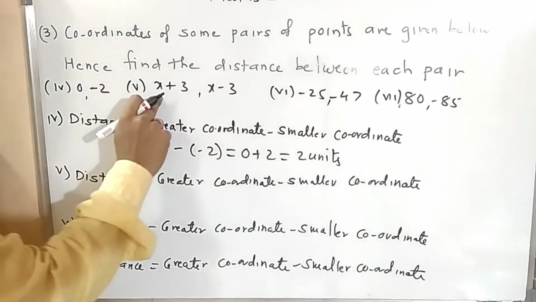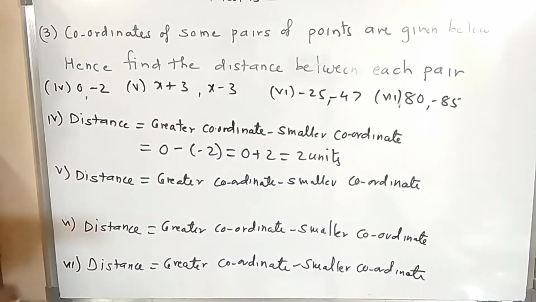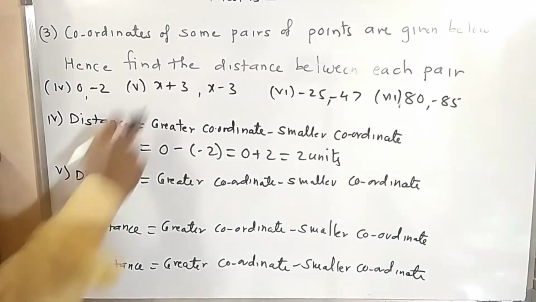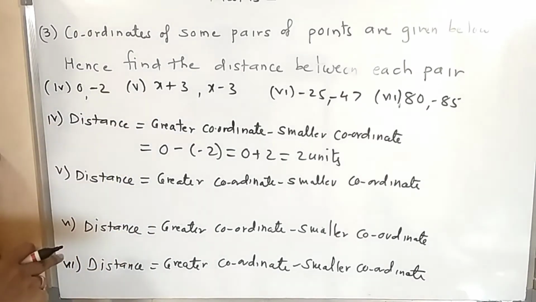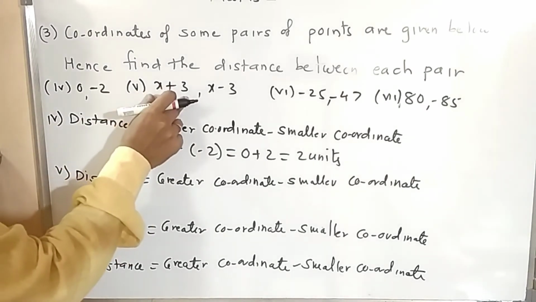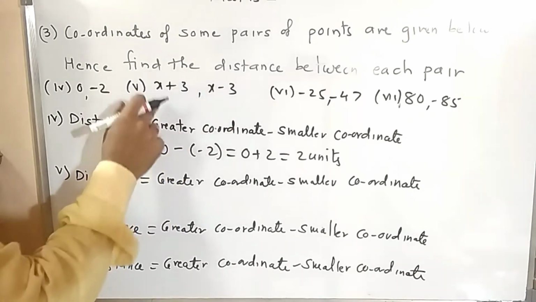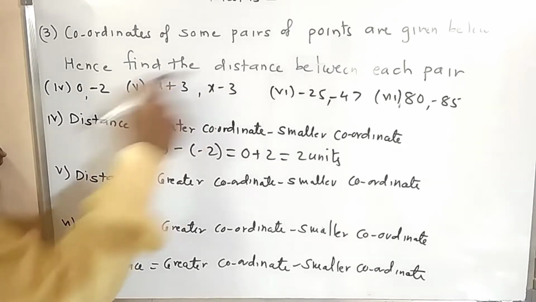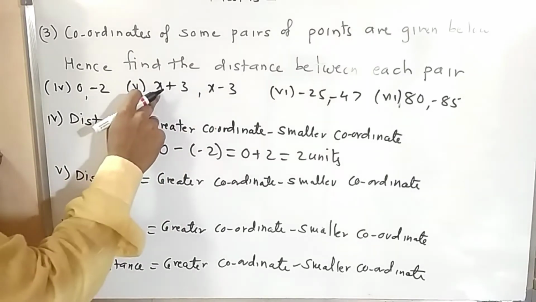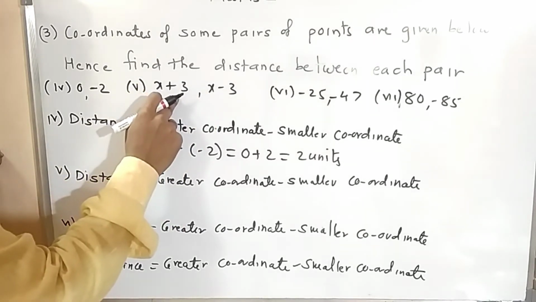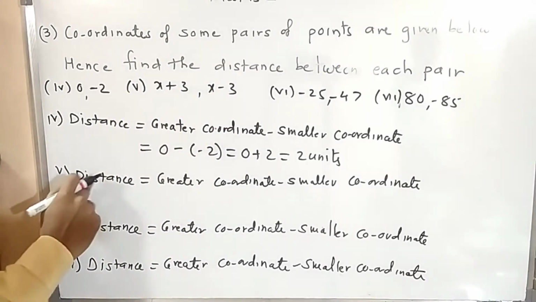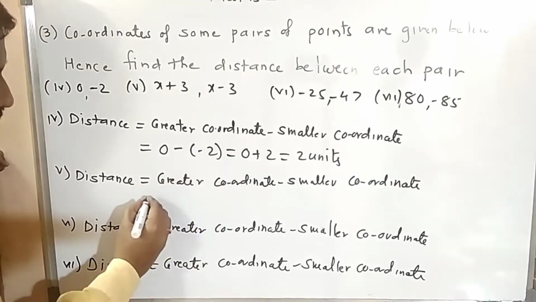Now, x plus 3 and x minus 3. Here, instead of numbers, we are using a variable. X plus 3, variable is same. So, which one is greater? Definitely x plus 3 is greater and x minus 3 is the smaller one. So, the distance is greater coordinate minus smaller coordinate.